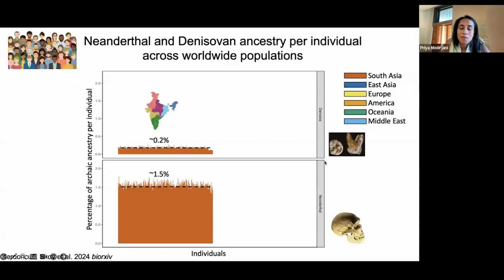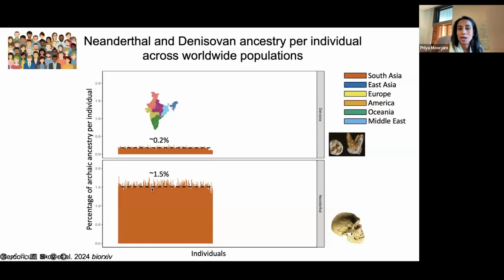Now, let's think of how much Neanderthal or Denisovan ancestry is present in modern humans. Here, I'm showing you first data for Indians. As you may have guessed from my name, I'm from India. And if we look at different individuals living in India on this plot, each line is an individual. And on the y-axis, I'm showing you the proportion of the Neanderthal ancestry you recover from the living individual's genome and the Denisovan ancestry that you recover.